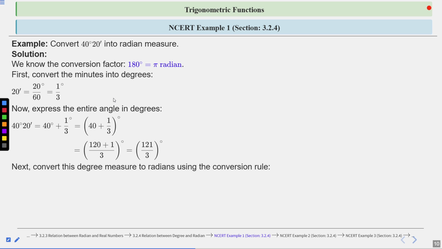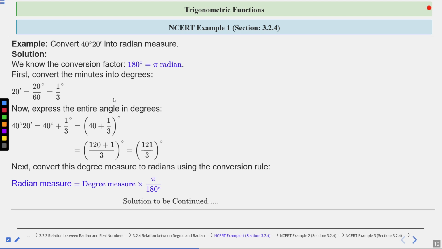I can use my conversion rule, which says that to get the radian measure, just plug the degree measure into the right hand side expression: degree measure times pi by 180 degree. The solution is to be continued.